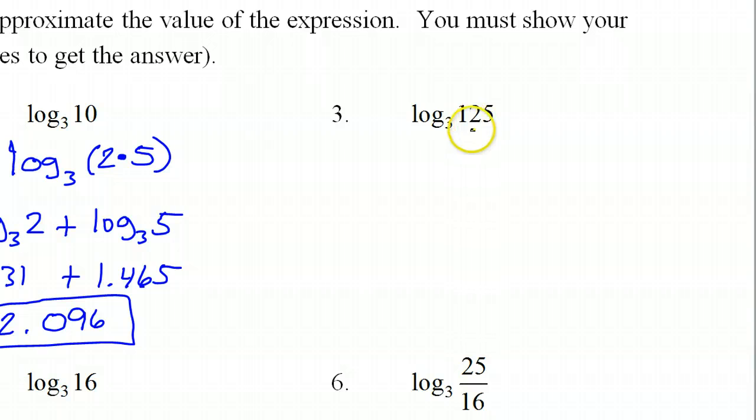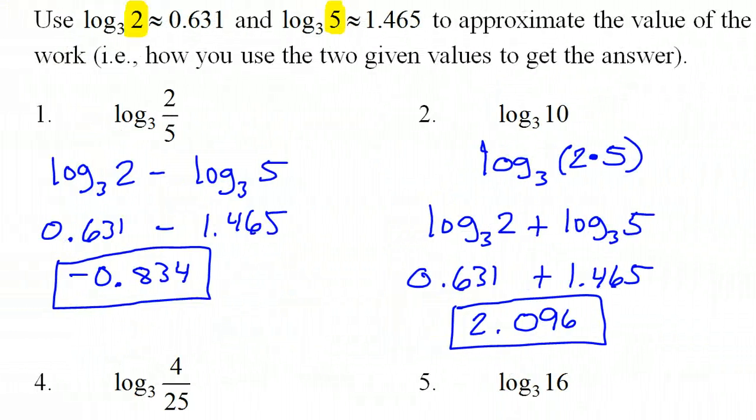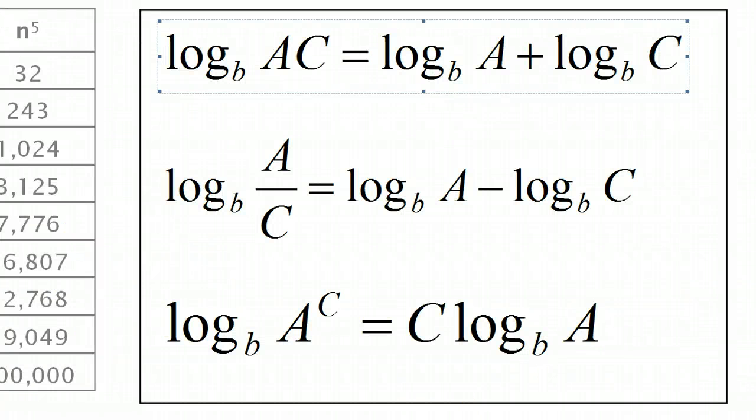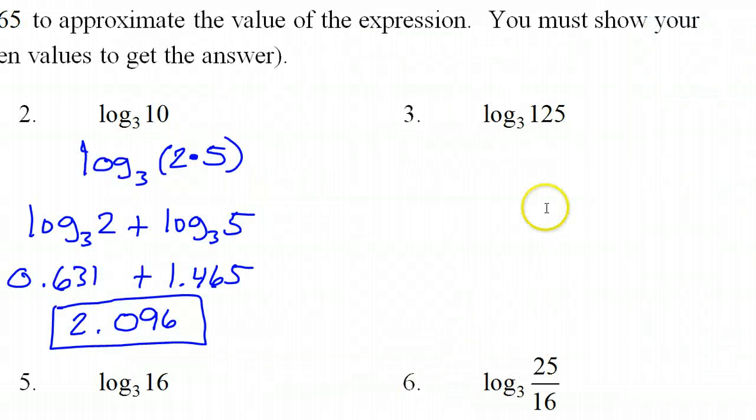Alright, 125. So how can I write that using a 2 or a 5? 125. Well, looking at the chart, 125, that's 5 to the 3rd power. So let's use that, because that 5 is one of the things that we want.